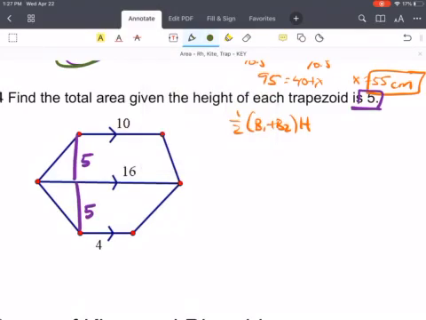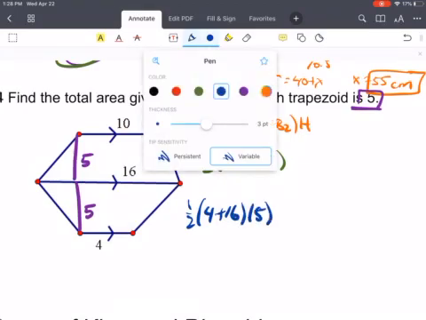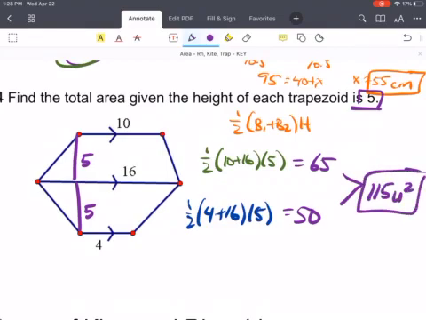So first off, to do this top one, half of 10 and 16 times 5. And then the bottom one is half of 4 and 16 times 5. On the top, we get an area of 65, and on the bottom, we get an area of 50, and together that gives me an area of 115 units squared.